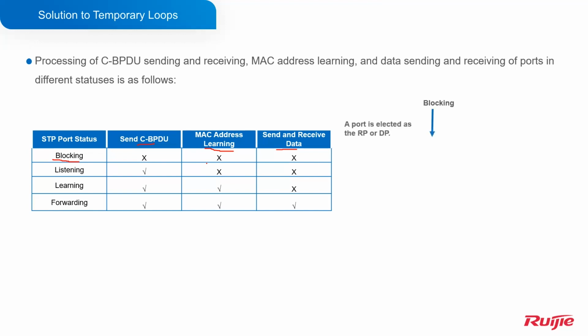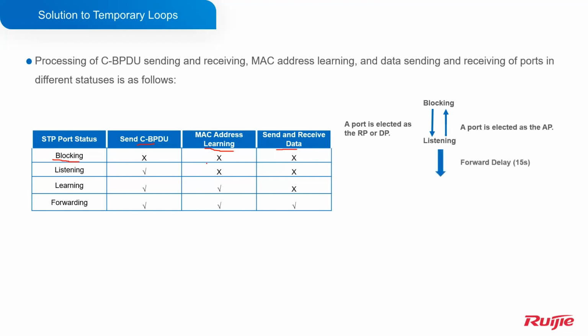Once the port is elected as the RP or DP, it will enter the listening state. If the port in the listening state is elected as the AP, it will go back to the blocking state.